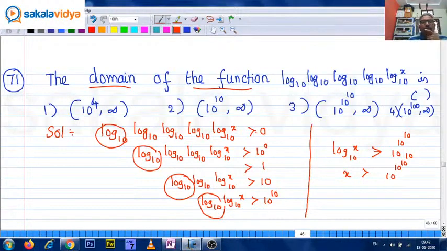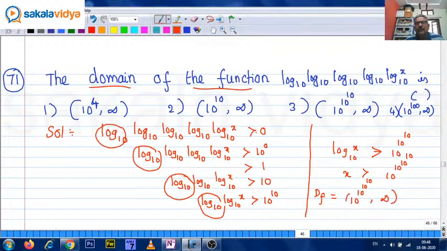Counting the tower of tens: one, two, three, four, five. So this is not option 2. The domain is 10 to the power of 10 to the power of 10 to the power of 10 to the power of 10 to infinity.